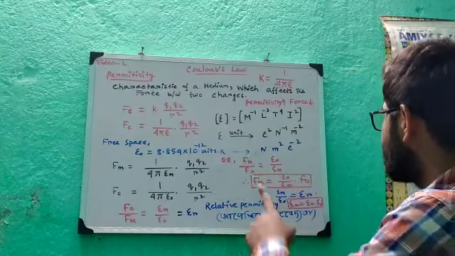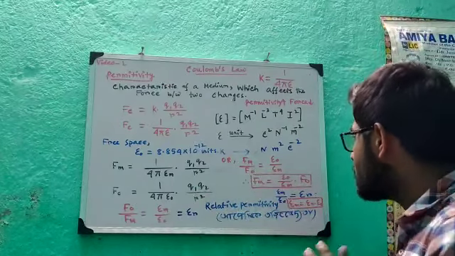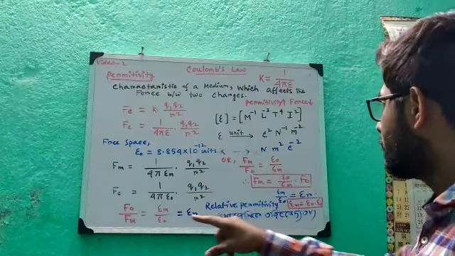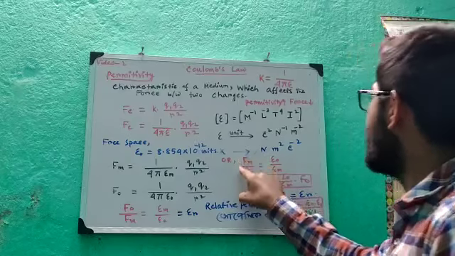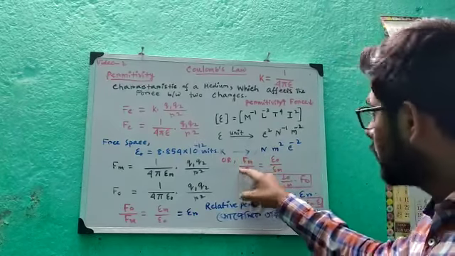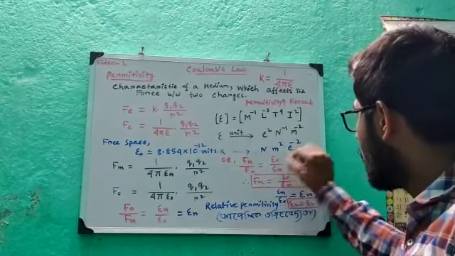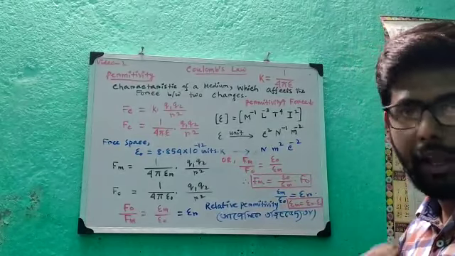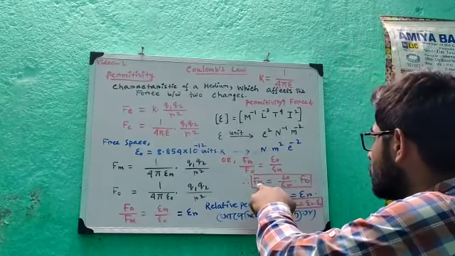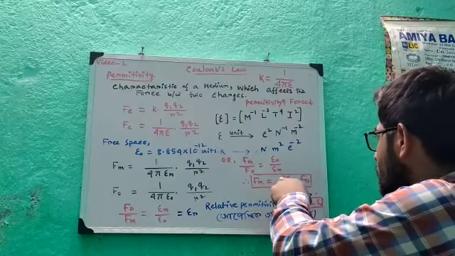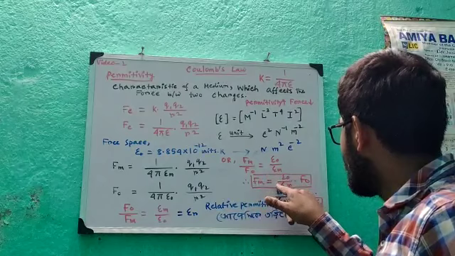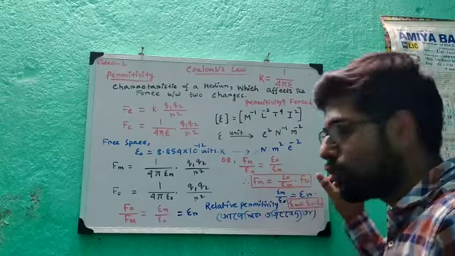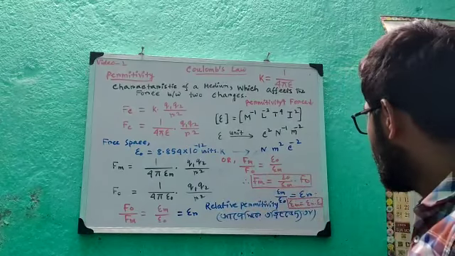Another thing, some simple calculations: from here we can easily say Fm by F naught is epsilon naught upon epsilon m. Fm we can write as epsilon naught upon epsilon m into F naught.